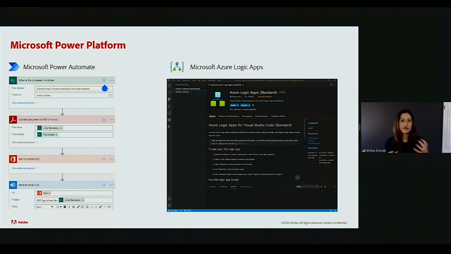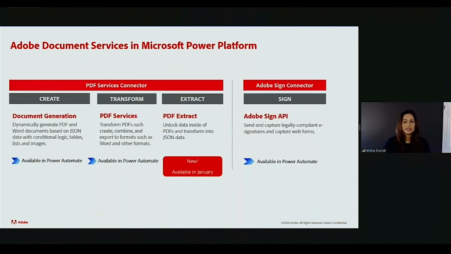It's a very simplified solution that you can create on the fly, and hopefully avoid, if you need to, a lot of code writing by leveraging some of these dynamic capabilities in Microsoft. The important thing I wanted to point out today is that both of the connectors that we have for document services can be leveraged inside of Logic Apps or Power Automate at any given time. So you can use these interchangeably as you're building these out.